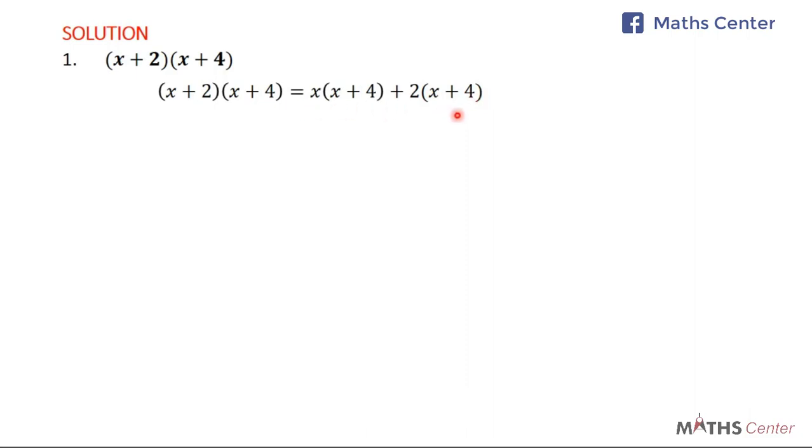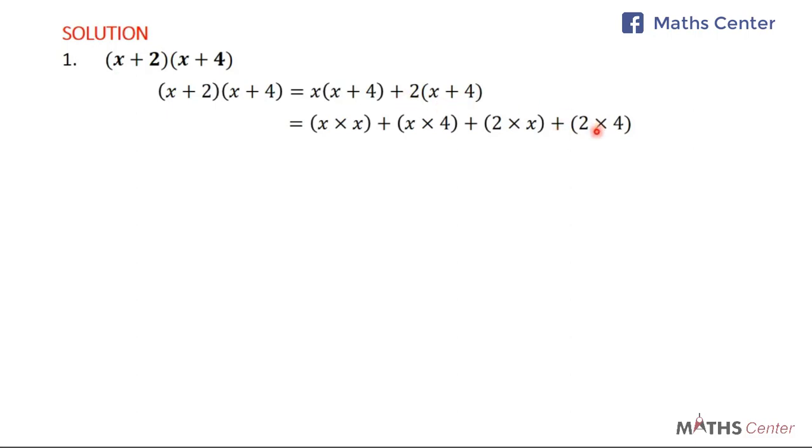You can see from here that this is an example of what we did in the previous video. So from here you go ahead, open the brackets, and you simplify. If you are opening this bracket, the first is x times x, plus x times 4, plus 2 times x, plus 2 times 4.